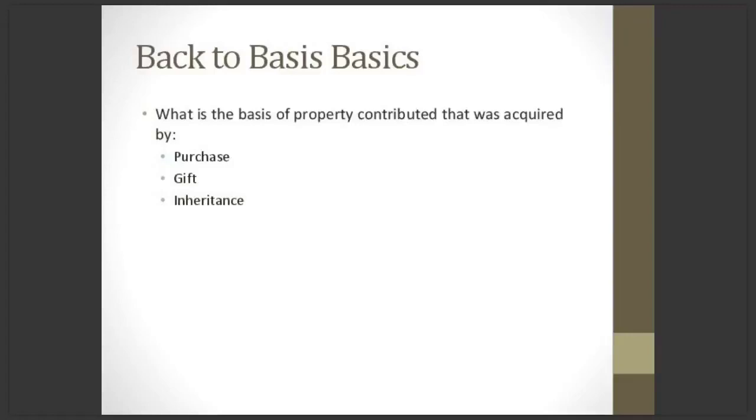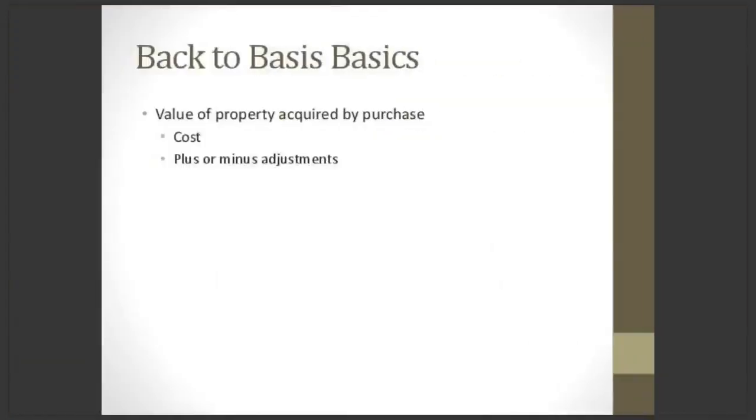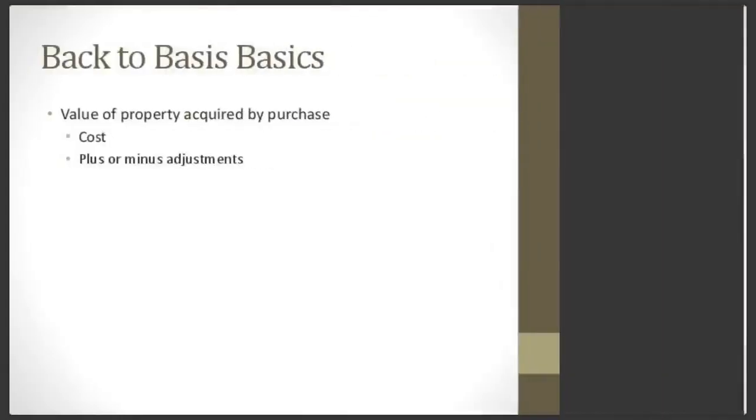The other part of this is we're going to be discussing ongoing adjustments to basis. So in the first few slides, we'll be covering, as you can see, purchase of an asset, and then that asset is put into the business.